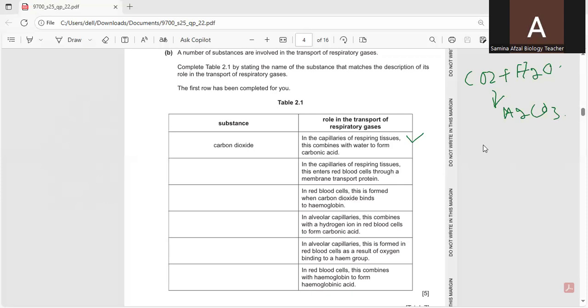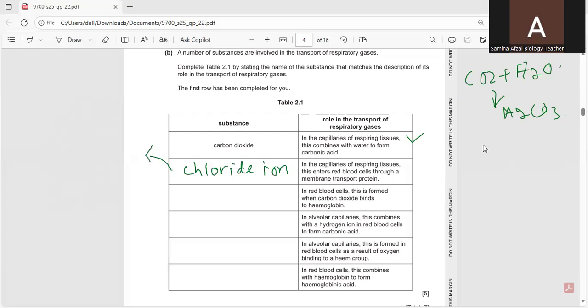It is chloride. Why does this chloride ion enter? The chloride bicarbonate exchanger is there, to maintain electrical neutrality when the chloride shift takes place, when the bicarbonate ion leaves.